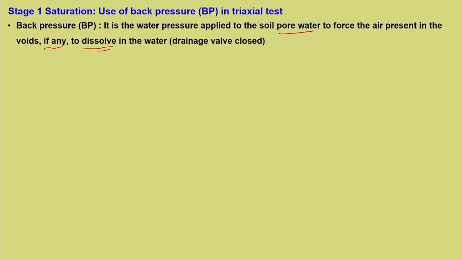Already there is water in the pores, so the air is displaced from the voids and it dissolves in the water, and in the process some minor amount of water gets in and fills the pores. Please make a note, this process is without changing the effective stress condition or the initial state of the sample. Only what is happening is the air which is present dissolves into the water and gets displaced by water.